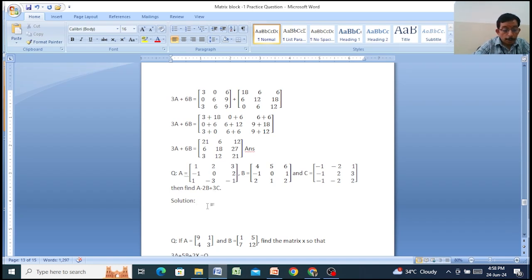A, first we note down the given equation. A minus 2B plus 3C equal to A. Put the value of A in the given matrix.